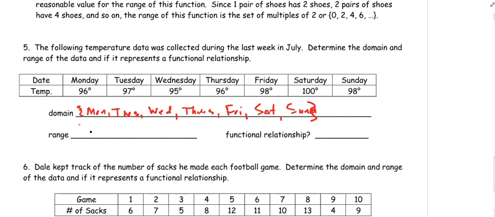And your range is 96, 97, 95, there's a 96 again, 98, 100, and I see a 98 again. And is this a functional relationship? Yes. There's no repeating domain.